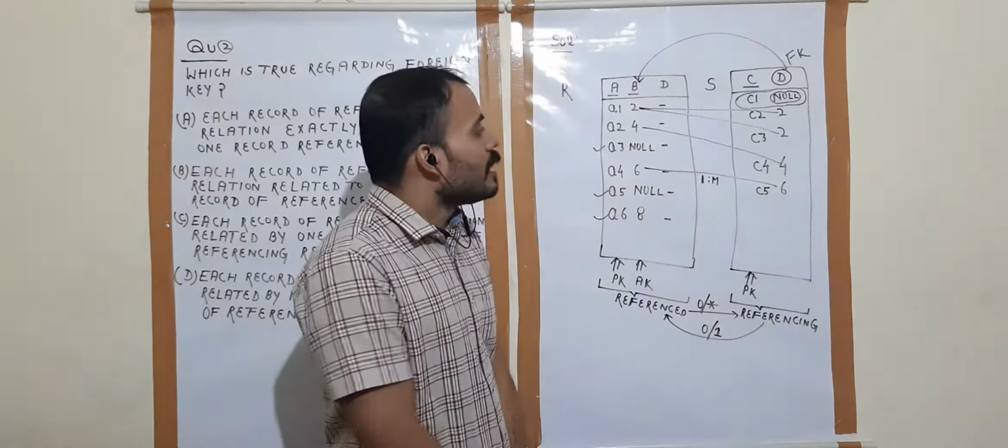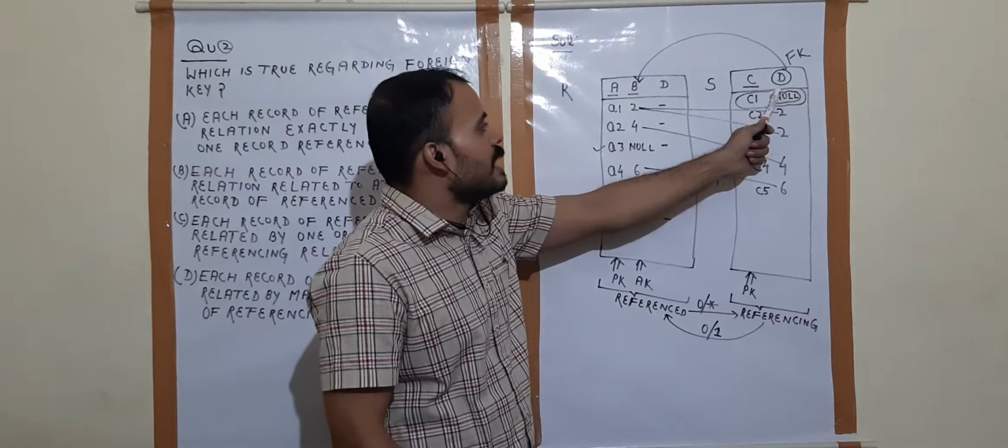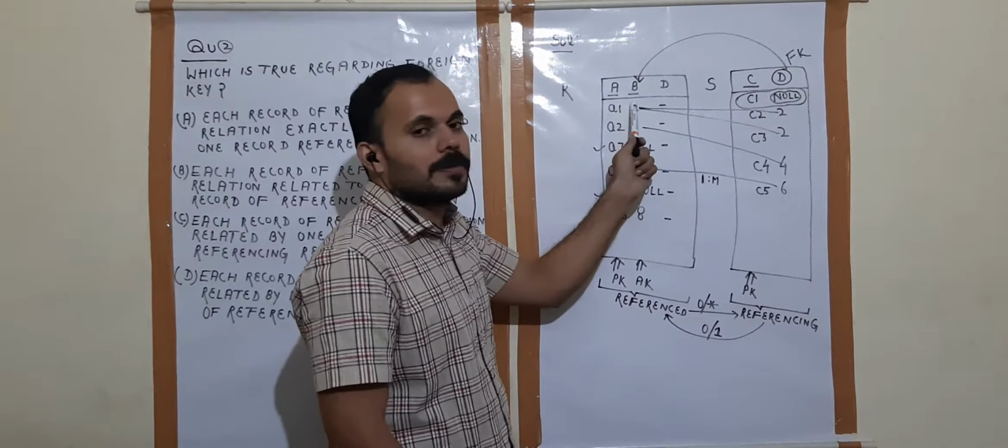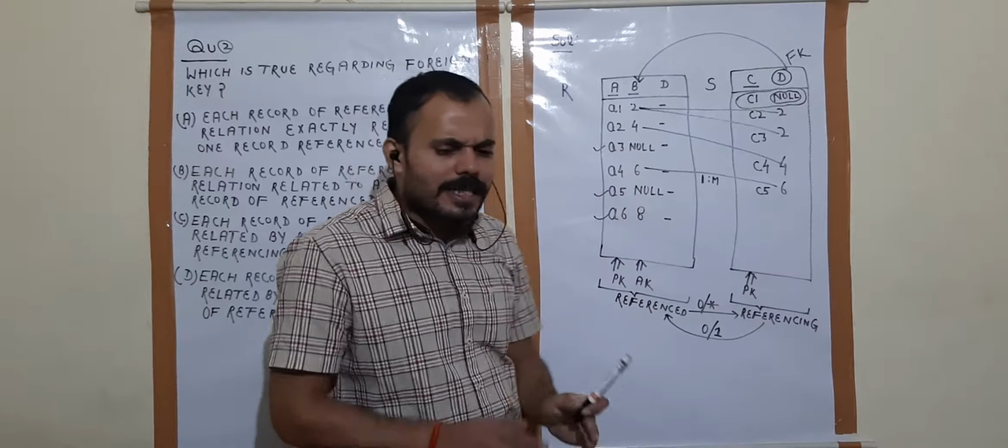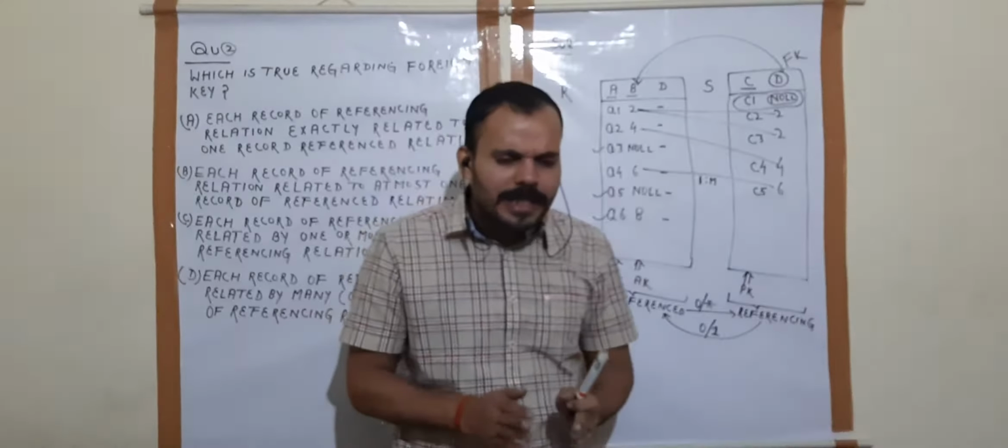Now see here, D is the foreign key, and it is referring to the alternative key B. So what is the meaning of it?